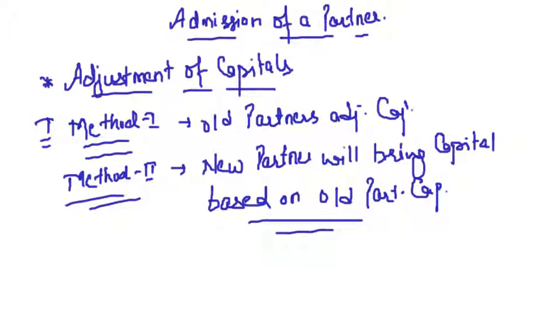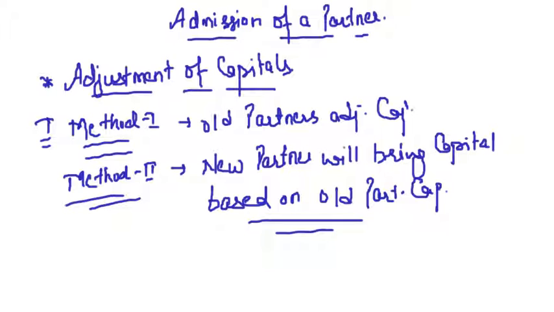That means in this method, the old partners will not adjust their capital. In fact, the new partner will bring that amount of capital that will make the capital of all the partners proportionate to their share of profit. Right? Here the adjustment is to be done by the new partner and not the old partners.